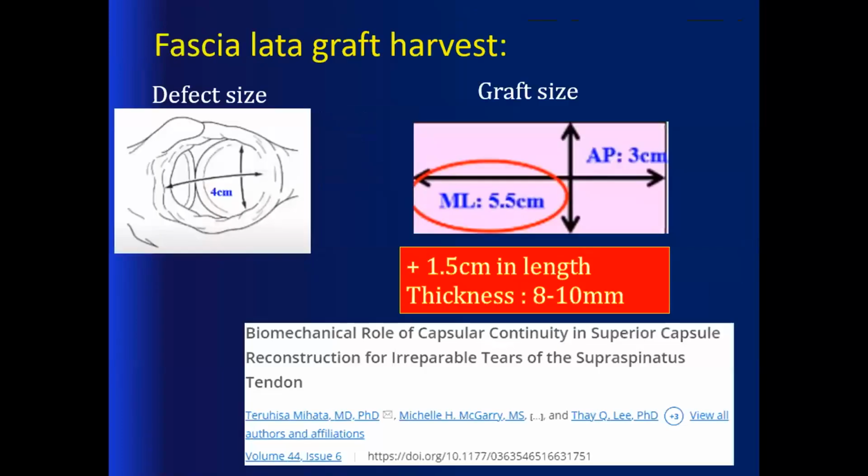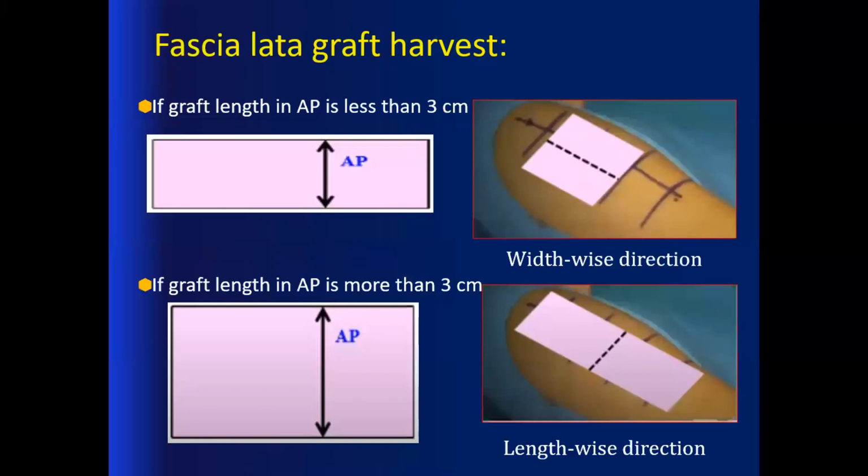That is, after measuring the defect size, we have to add 1.5 centimeter in length while taking the graft, and the thickness should be a minimum of 8 to 10 millimeter. If the graft length is less than 3 centimeter in AP, then the dissection should be in the widthwise direction, whereas in case of length more than 3 centimeter, the dissection of the graft should be in the lengthwise direction.